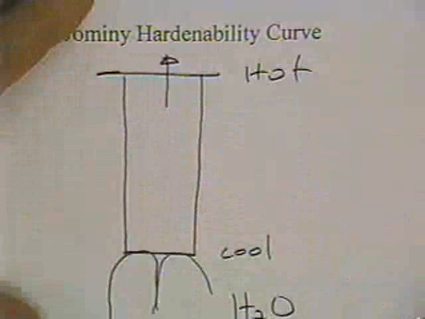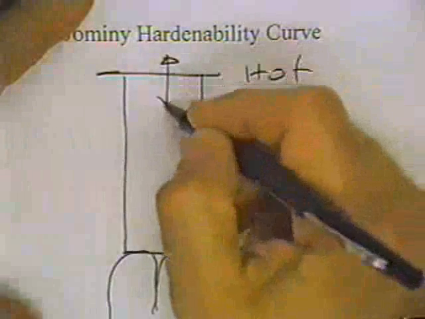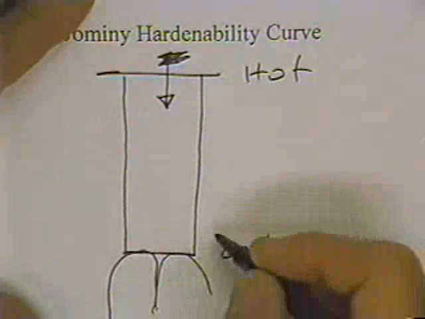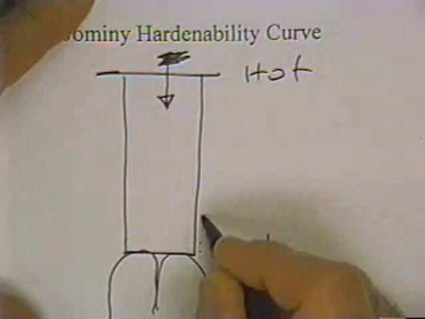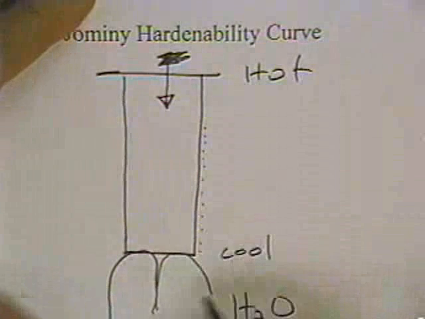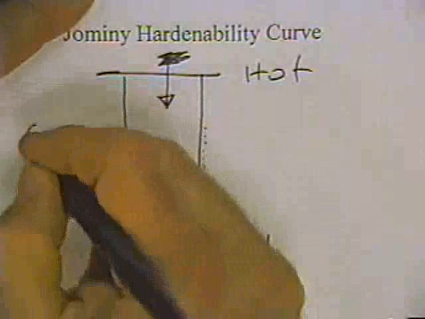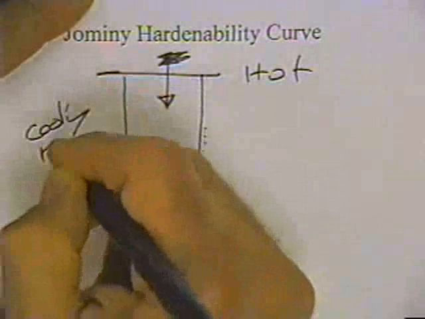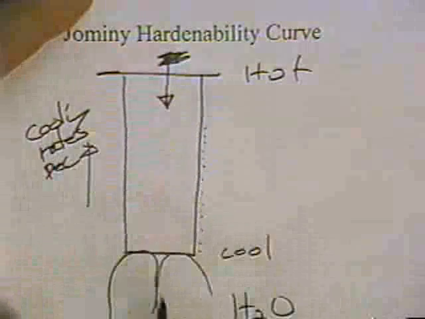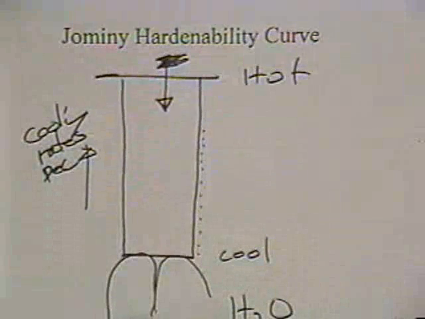It's considered a one-dimensional heat transfer problem. The heat is drawn out of the material, and the Jominy curve measures the hardness as you go back from that water-cooled end. So the cooling rates decrease as you go away from the water-cooled end.